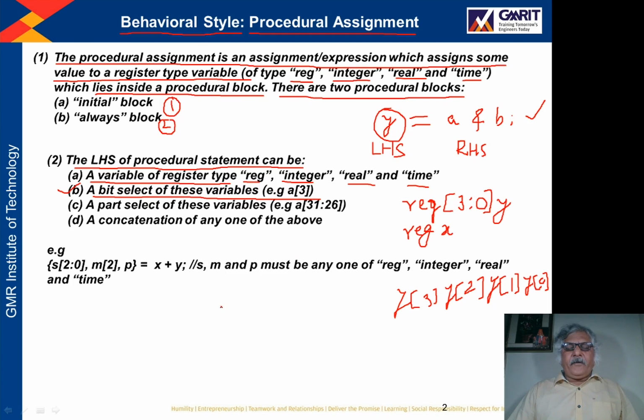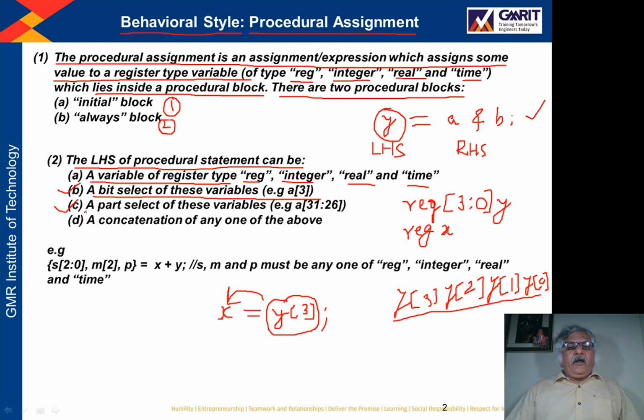For example, x, we want to assign to this x some value like y3. So out of 4 elements of y, we are assigning only one element value, that is y3, to x. So this is possible, this can be done.